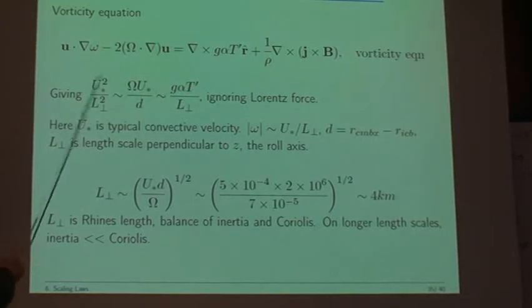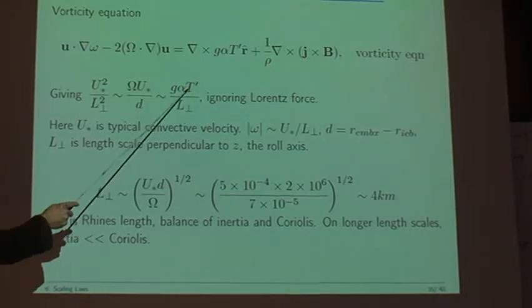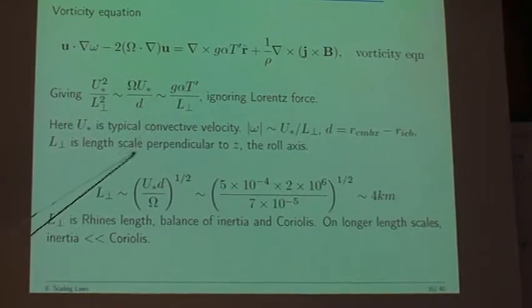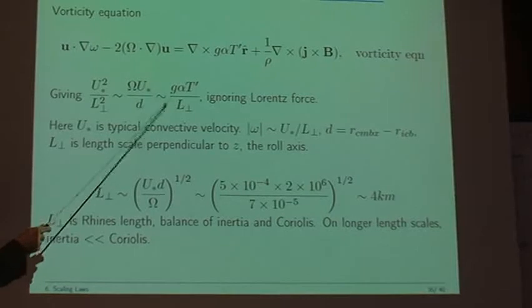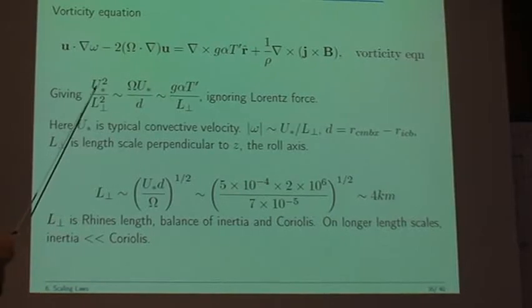But actually this yields a formula for L perp if you solve these, because we can eliminate T prime using the convective heat flux in terms of U star. So then this gives us two equations, for U star and L perp, and you can solve these specifically. So you get two answers coming out of here.